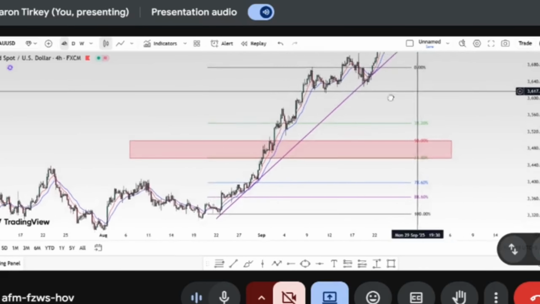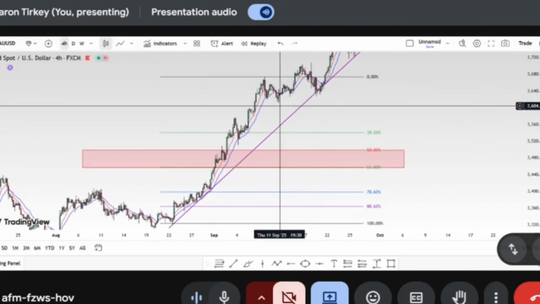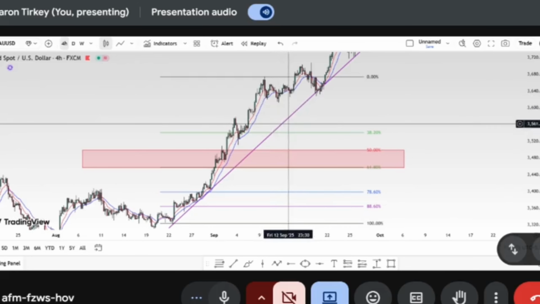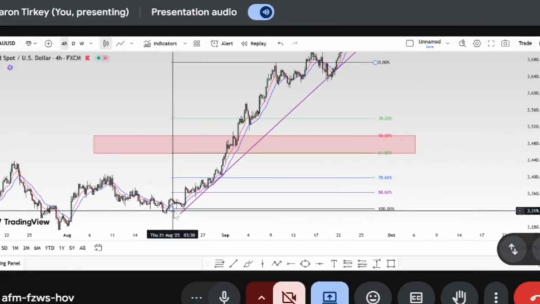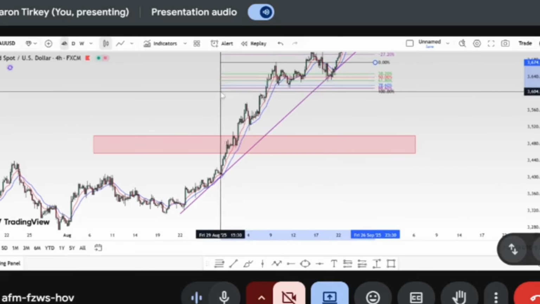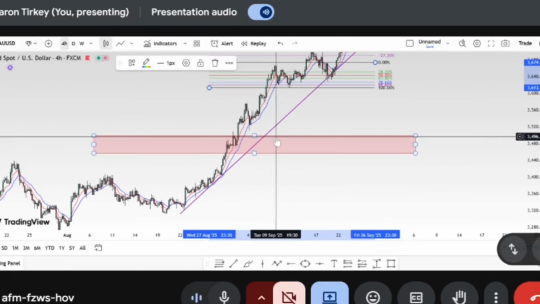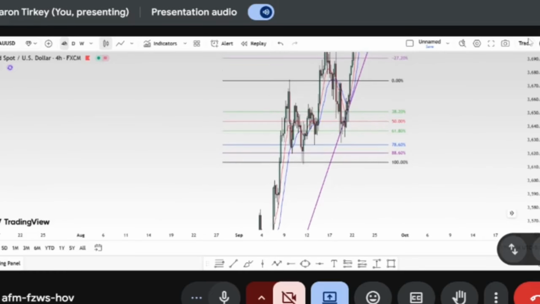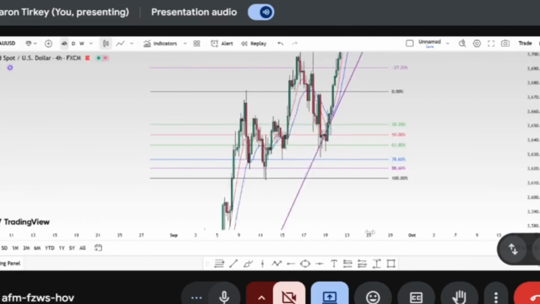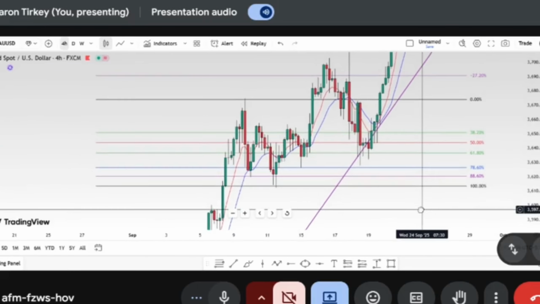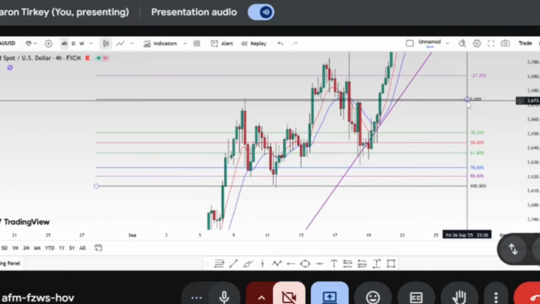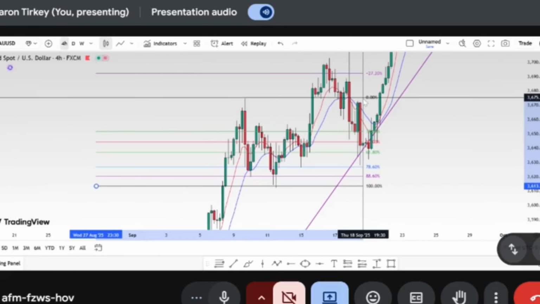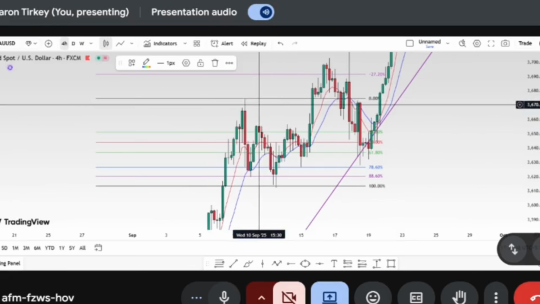Now it's time. This is your entry. This is our C. But before entry, I told you you need to shift your Fibonacci from A to C level right here. A to C. B is always the same.